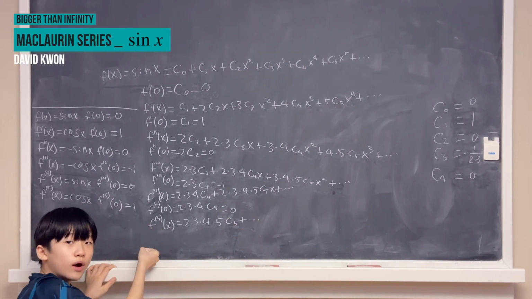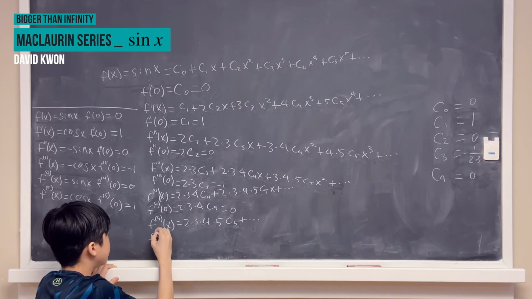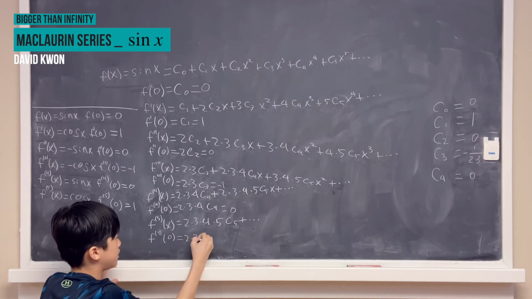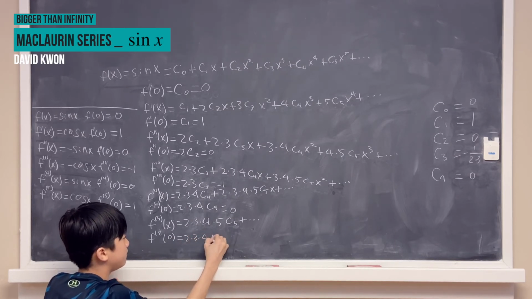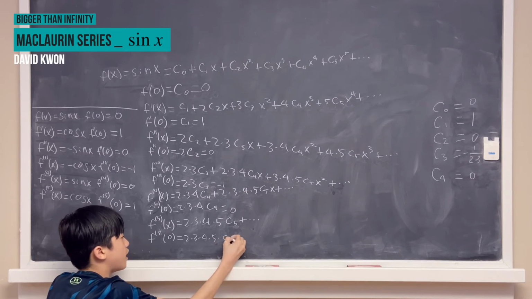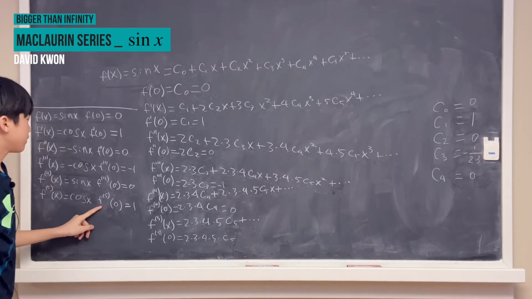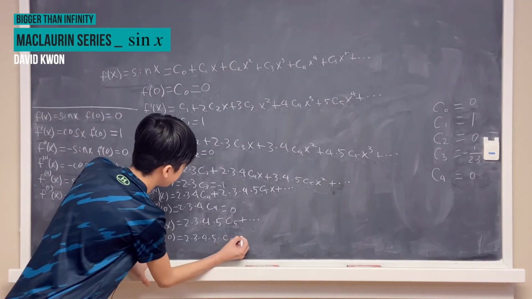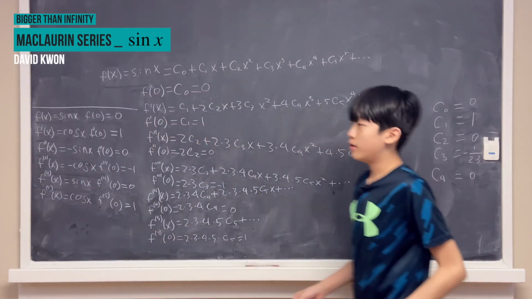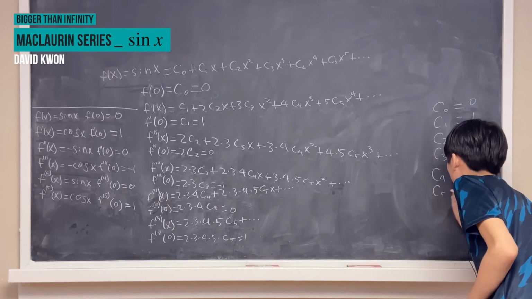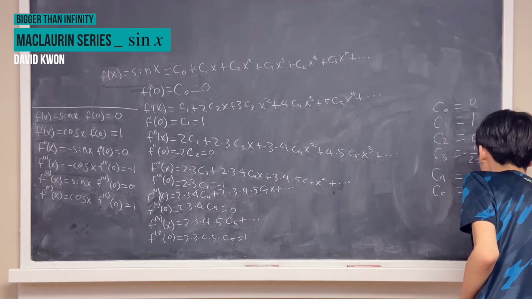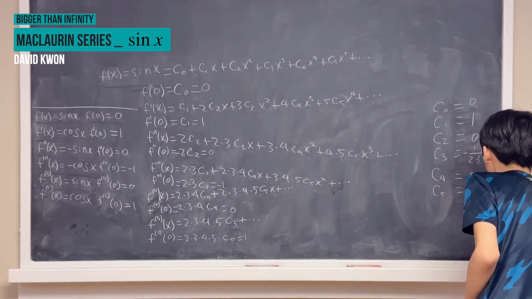But setting x as 0, all the plus dot dot dots disappear, so we are only left with 2 times 3 times 4 times 5 times c sub 5. And from right here, f to the power of 5 of 0 is equal to 1. So our c sub 5 is equal to 1 over 2 times 3 times 4 times 5.